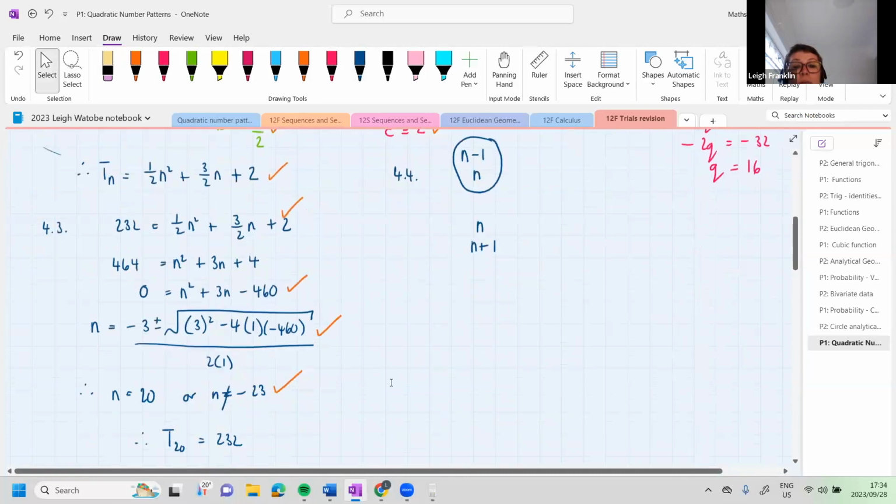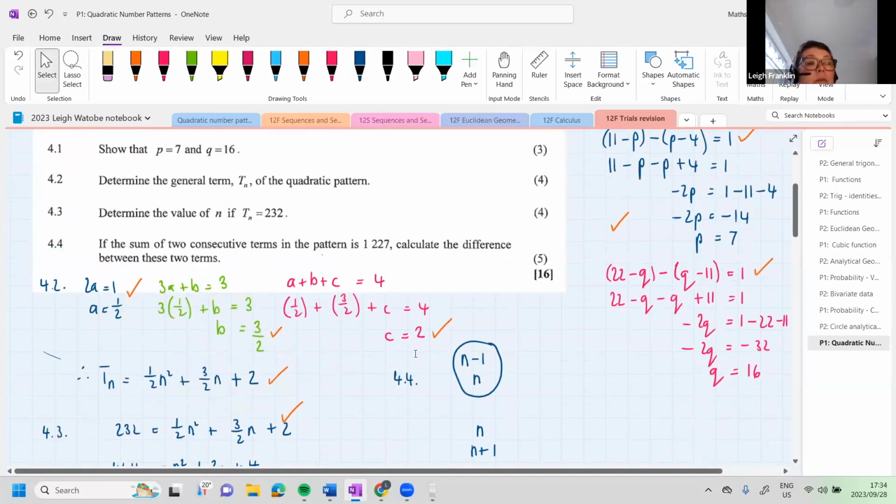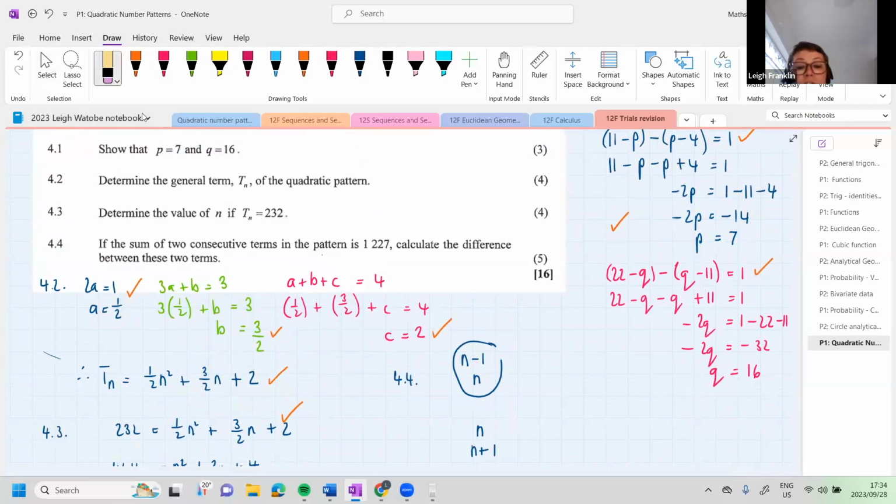So algebraically, we could write the positions of these two consecutive terms in the pattern as n and n plus 1, or n minus 1 and then n. It really doesn't matter. This is going to be a bit of a long one. It tells us we need to add these together. Tn is half n squared plus 3n plus 1, and we're going to use n and n plus 1.